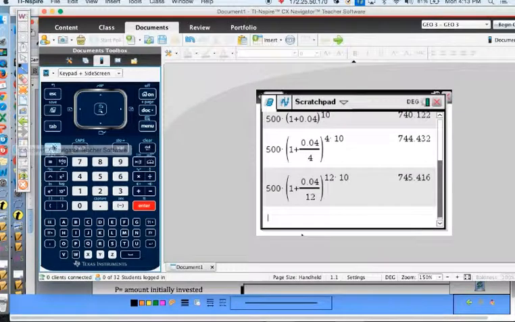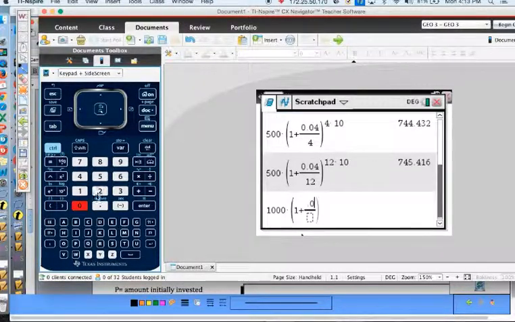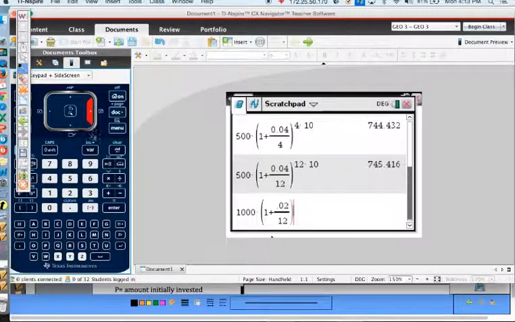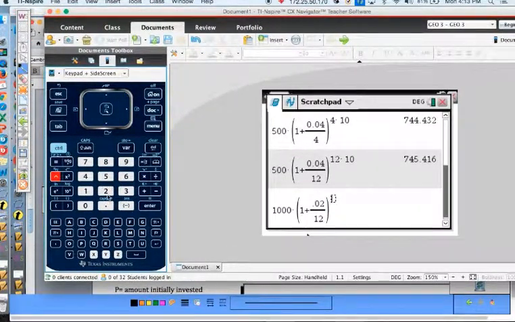So once again, we have 1,000 times 1 plus 0.02 divided by 12. I think it was 2%. To the power of 20 times 12.